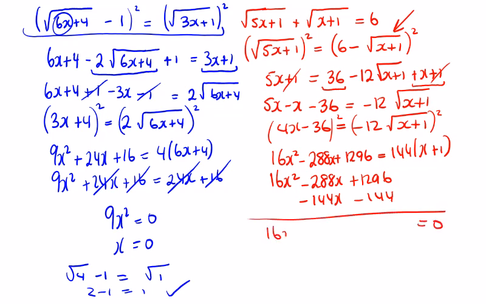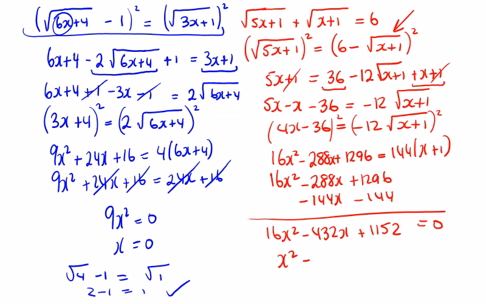So what are we left with? 16x squared, 288 and 144, 432. And 1296 minus 144 is 1152 plus. Now let's check, let's see that they all divide by 16. 16 definitely goes into 432. Does it go into 1152? It does.